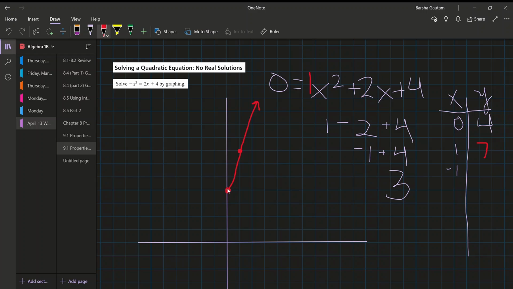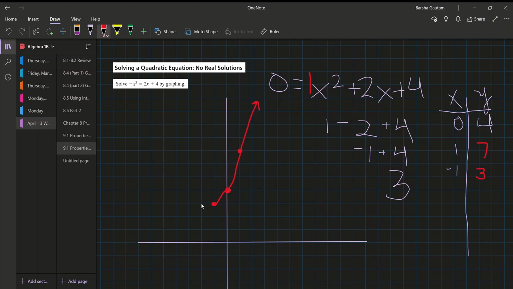So let's go ahead and plot that. Try it by yourself first. Okay, so let's put this in here. Negative 1 and up 3. 1, 2, 3. So now we can connect this too.